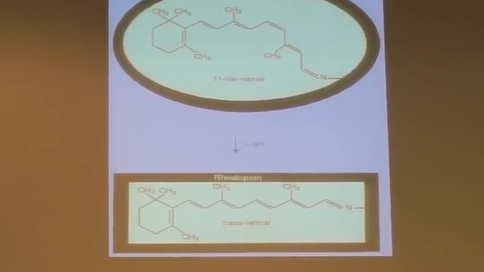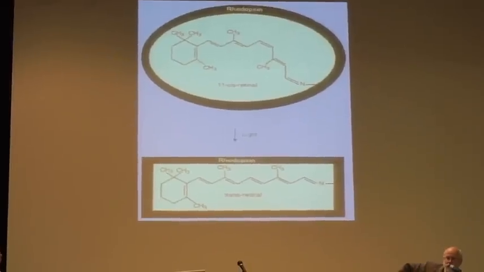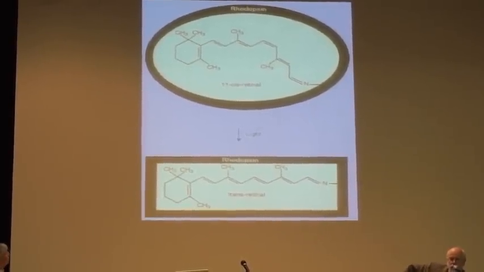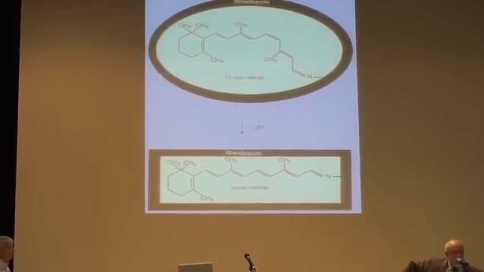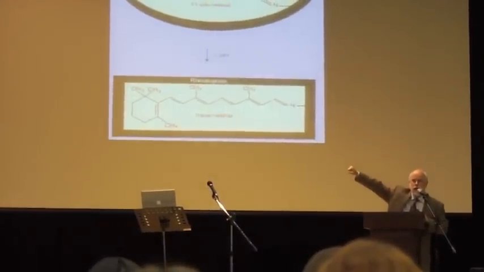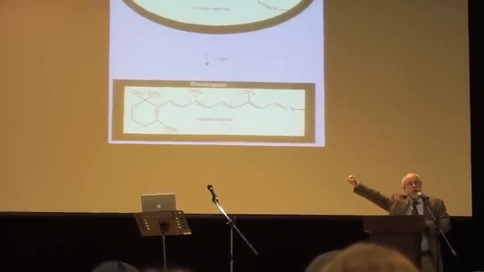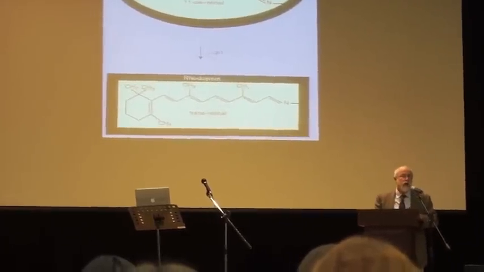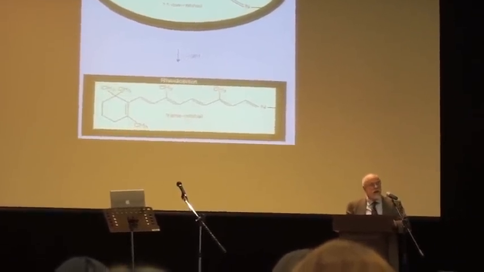Now, 11-cis-retinal is a bent molecule like this, if you look at my arm here, like an elbow. But when the light hits it, it isomerizes and straightens out like that. And that's a switch. It's a switch that turns on the light detecting pathway.